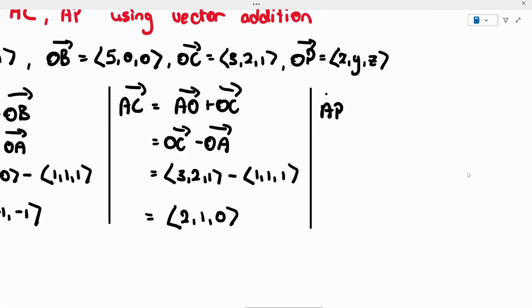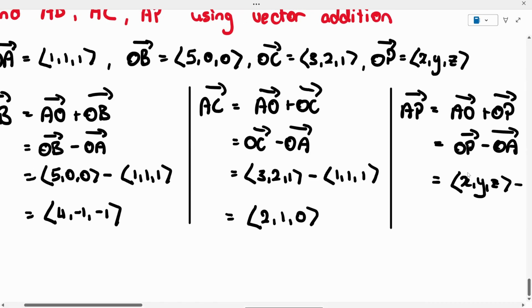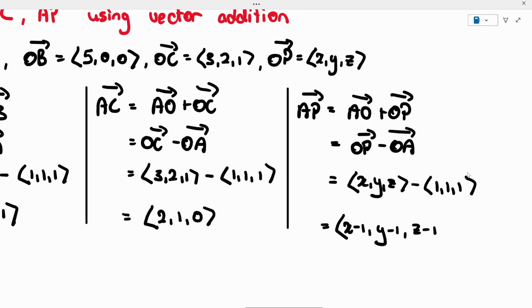AP is AO plus OP, which is OP minus OA, which is XYZ minus 1, 1, 1. It is x minus 1, y minus 1, z minus 1.